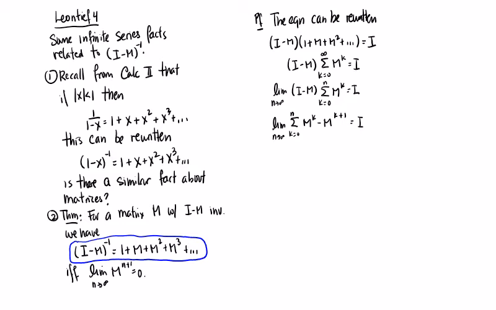Now, if we rewrite this back into a sum form, it telescopes, because this sum becomes M to the 0 minus M to the 1 plus M to the 1 minus M to the 2 plus M to the 2 minus M to the 3. This goes on, and it ends at minus M to the n plus 1. That's just expanding that finite sum without the limit. Now this telescopes back in. Everything cancels except those two.